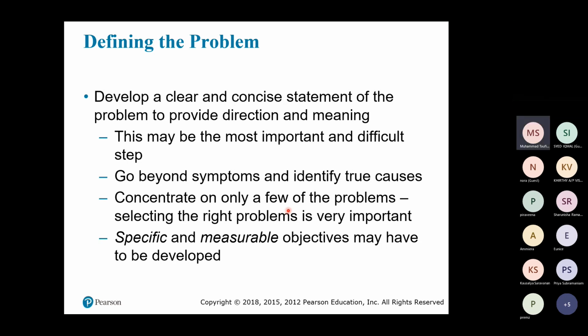So when defining the problem, you must clearly pick one, the most important part of your problem. Then a specific and measurable objective has to be developed. Once you understand your problem clearly and in detail, you can develop the objective.